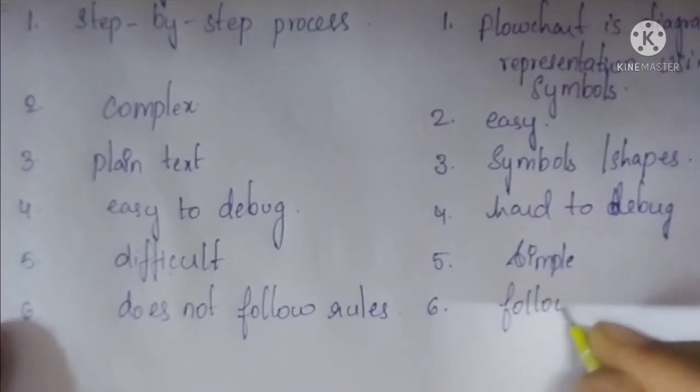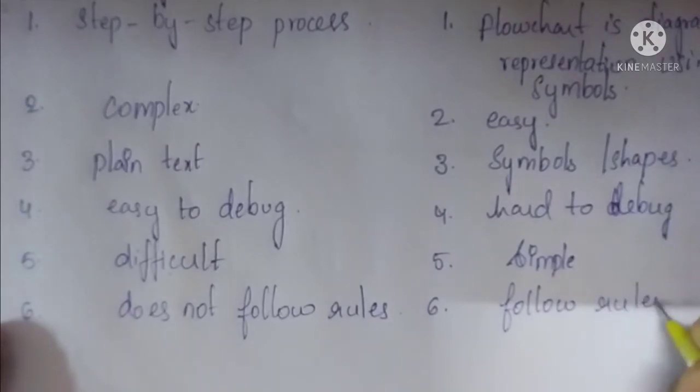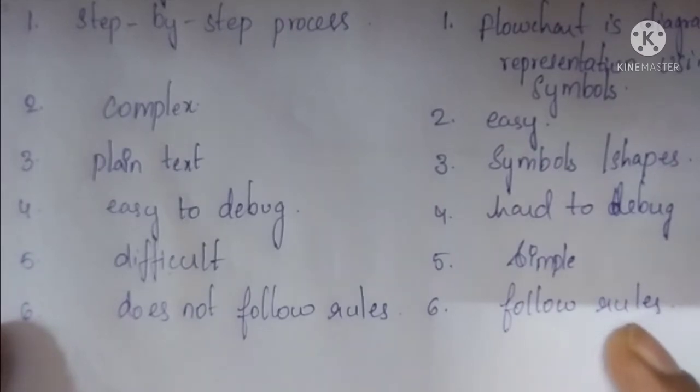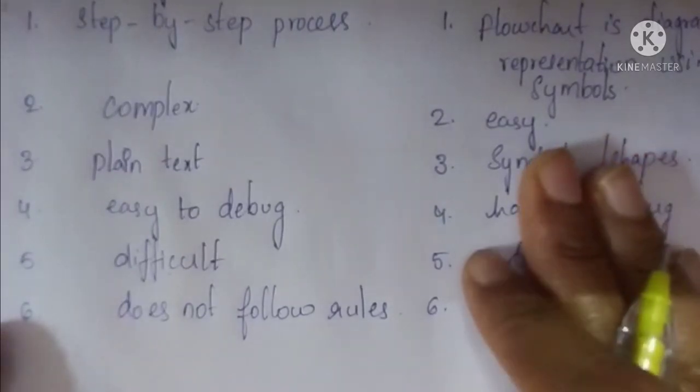Why do I say we have to follow the rules? Because we have specified symbols to represent the algorithm, and only those symbols we have to use. We should not write any other symbol for a statement. It will be a mistake and it is not understandable by the system also. So we have to follow particular rules for a flowchart.